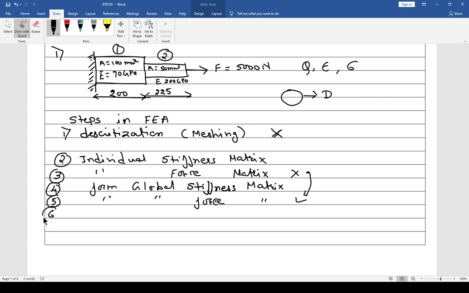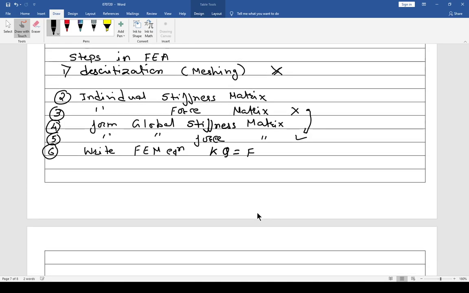Then next, write the FEM equation, KQ equal to F. Next, use the elimination or penalty approach for the system of equations.